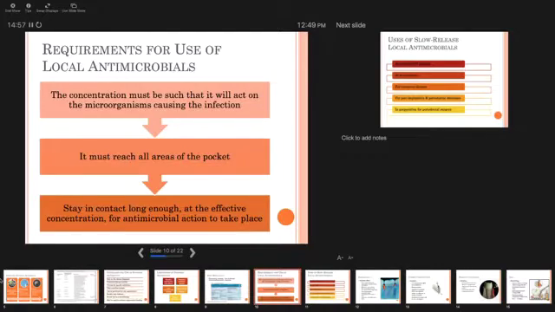So that's where that staying in contact long enough comes in. We know that Arestin needs to stay for a certain period of time so that it is able to have its most therapeutic effect on the pocket that we are treating. And we need to be able to get it into the pocket.